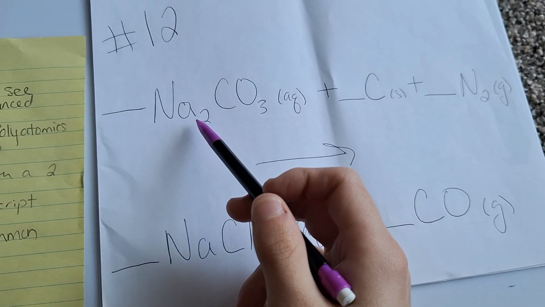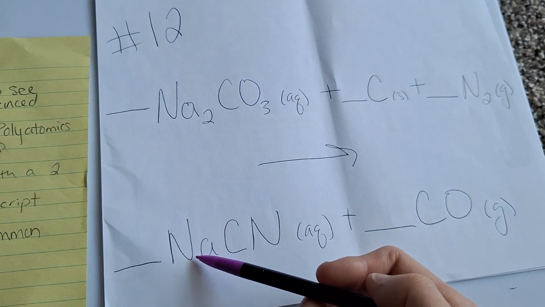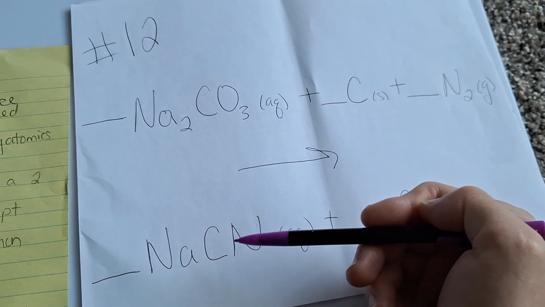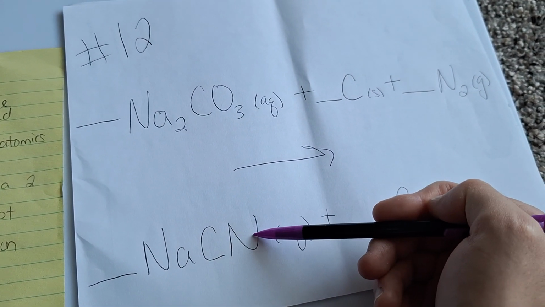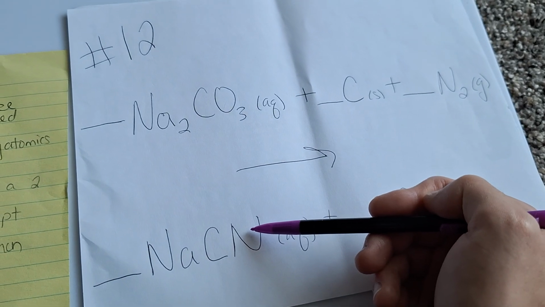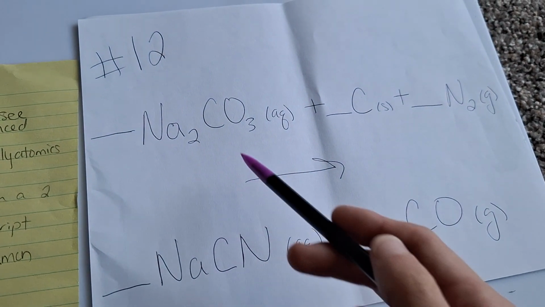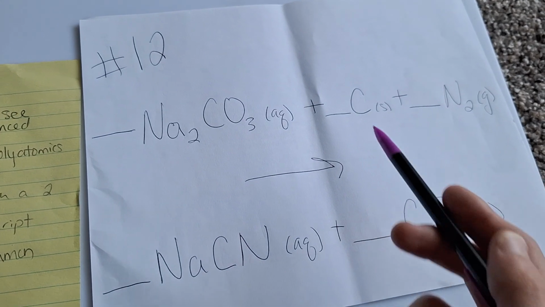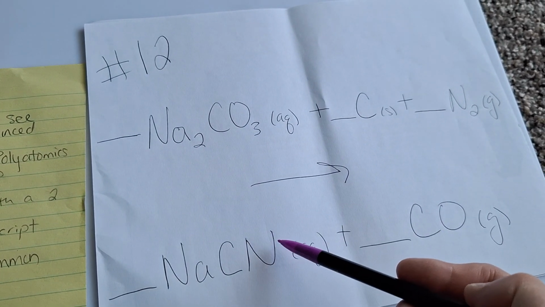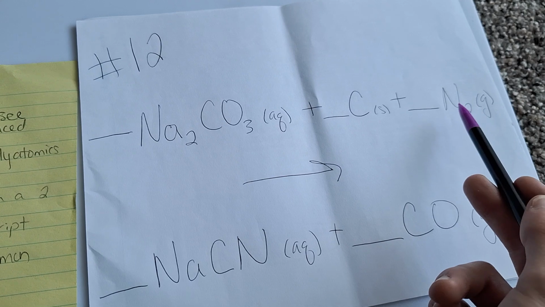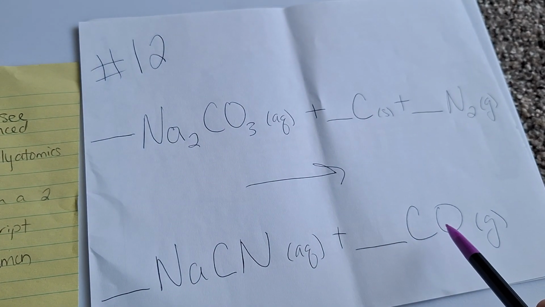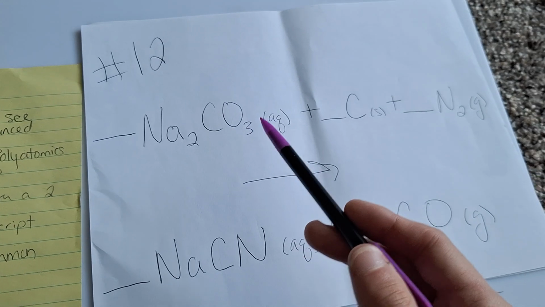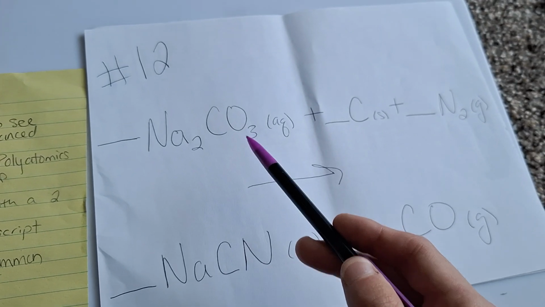We got 2 sodium here, 1 sodium here. 2 carbon, 1 carbon, 1 nitrogen. Oh, wait, hold up. 2 carbon, 2 carbon. 1 nitrogen, 2 nitrogen, 1 oxygen, 3 oxygen. I don't really like dealing with odd numbers of oxygen.